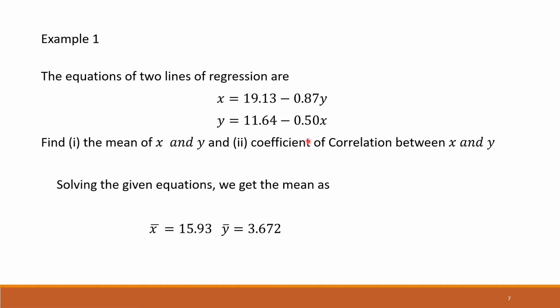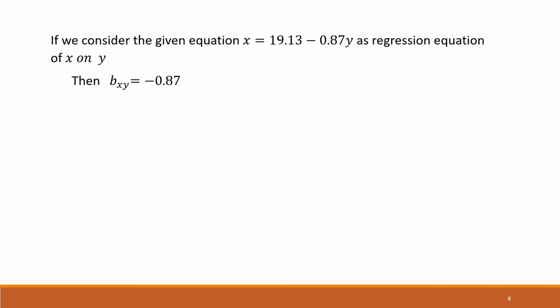So now we are given two lines of regression. We do not know which one is the line of regression of x on y and y on x. So since we are given x is equal to some form, we can assume that the first equation is a regression equation of x on y.